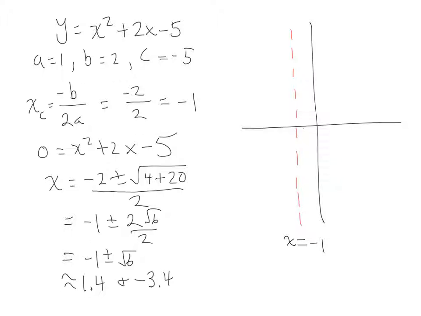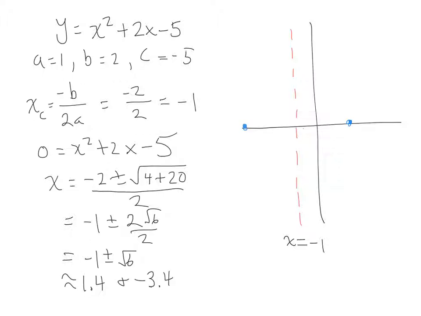So what that means is that these are going to be plus or minus root 6 on either side of our center line. So we're going to go root 6 in this direction, and that's going to be about 1.4, so somewhere in there, and -3.4, so maybe somewhere in here.